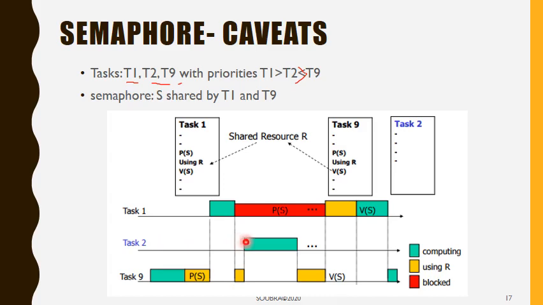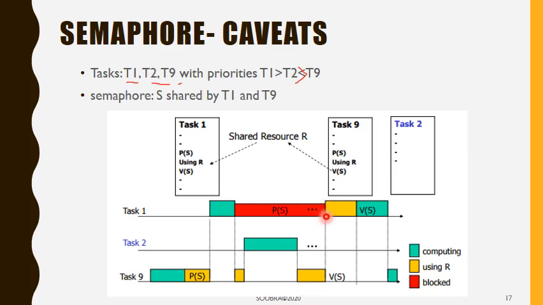until task number 2, which has a higher priority than it, is ready now. So it will preempt it in turn, start and finish its execution, and then this one is still blocked, so the CPU will be back to that one. It will resume its execution, and the moment that task 9 gives back the semaphore, it will get preempted because this one can execute now and it has a higher priority than task number 9.